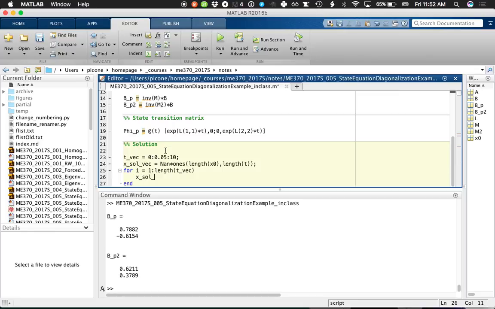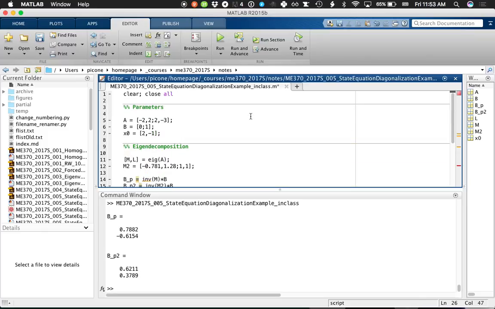So x solution value, both rows and the ith column, is going to be equal to M times phi p of t, which is t vec evaluated at i, that time value, times the inverse of M, times the initial condition, x0.